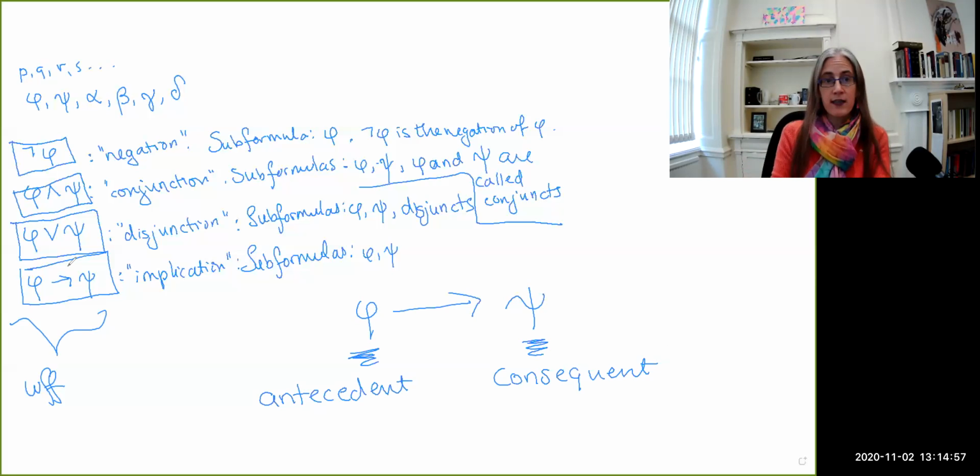So right now I say here that, for instance, in a disjunction phi or psi, both phi and psi are subformulas of the disjunction. But phi and psi themselves might be complex formulas. Maybe phi is of the form alpha and beta. Now, subformulas of a subformula will also be subformulas.